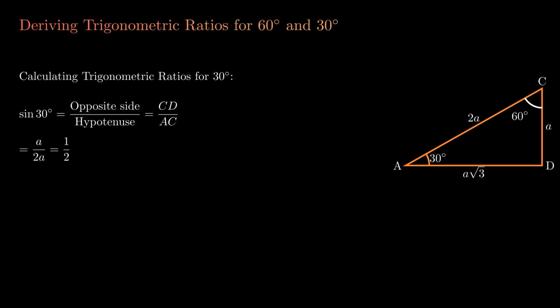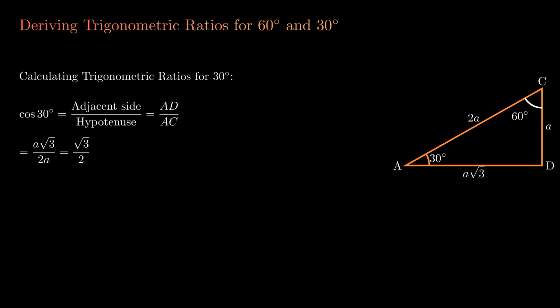So cos of 30 degree angle will be equal to the ratio of adjacent side to the hypotenuse. We have adjacent side as AD and hypotenuse side as AC. So let's substitute the value for AD and AC. We know AD equals A times square root of 3 and AC equals 2A.